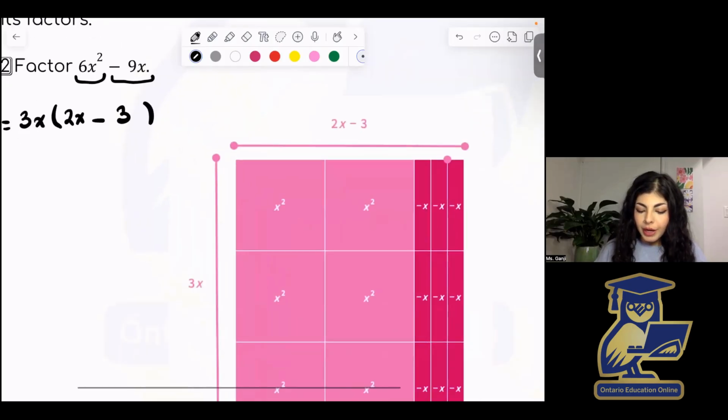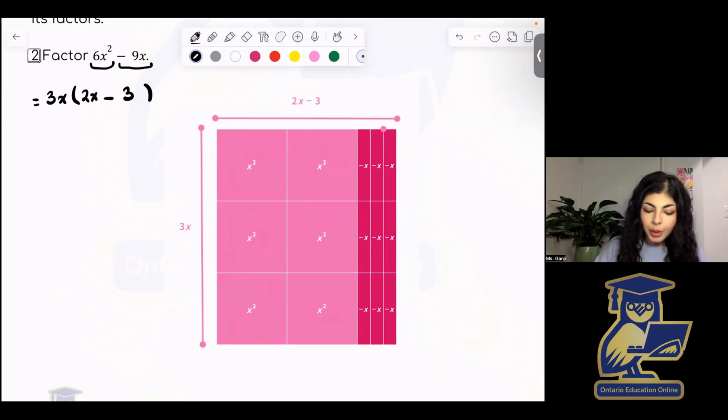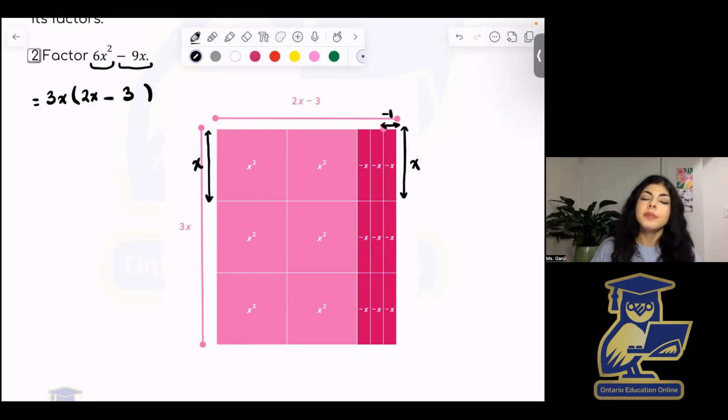Now looking over here, we are using algebraic tiles to represent this expression as the product of its factors. So if we were to form 3x here, each of these squares have a width of x, so we have a total of 3x. We also have these rectangles here, which have a length of x and a width of -1.